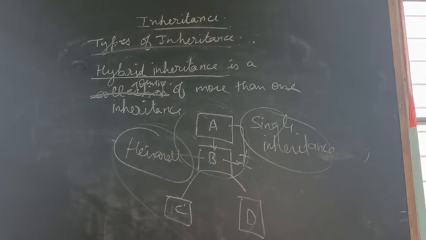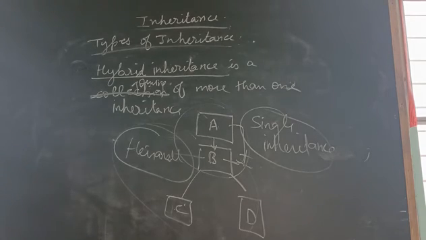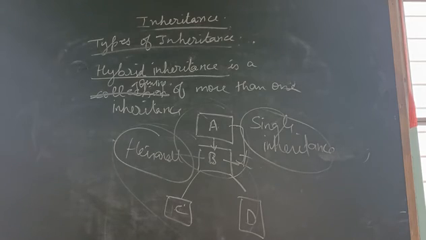Tomorrow we are going to discuss inheritance visibility mode, and overloading and overriding, because we use the same function in inheritance. We have discussed what method overloading is in class 10 and 11 also.